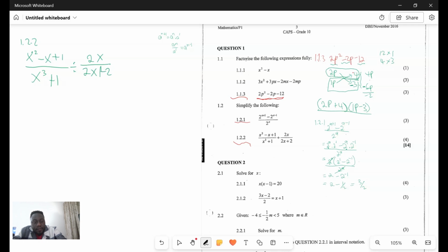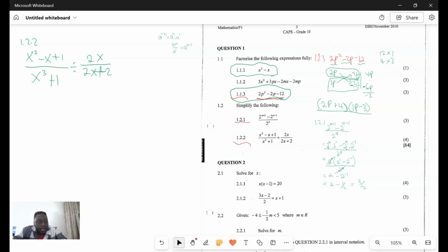If you're having a situation like this one, remember whatever you were doing here in 1.1.1, where you were factorizing by removing the common factor, or what you were doing here in 1.1.3. You need to follow the same plan or procedure.